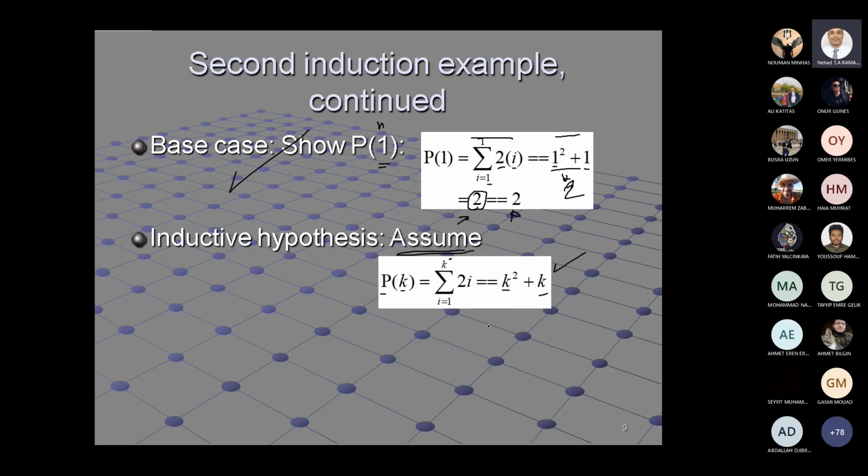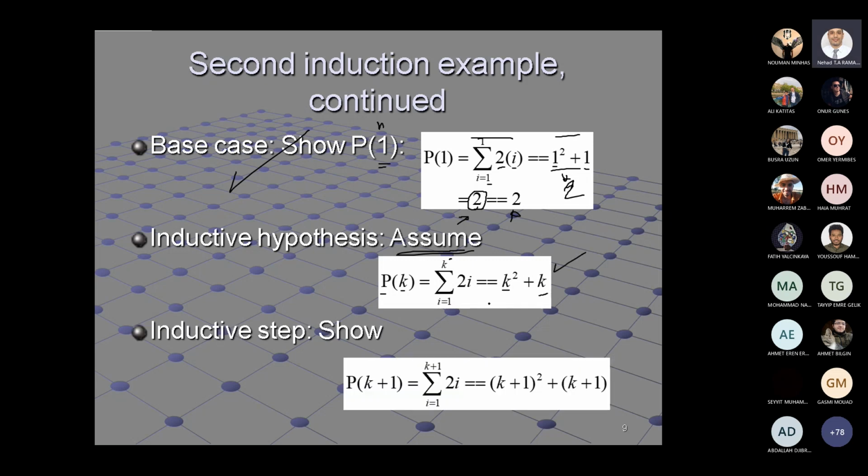So this is our assumption. Now we have to show that the inductive step is correct. What's the inductive step? The next step, which is for k plus 1. So we need to show that this is correct for k plus 1, so we will take n equal k plus 1.